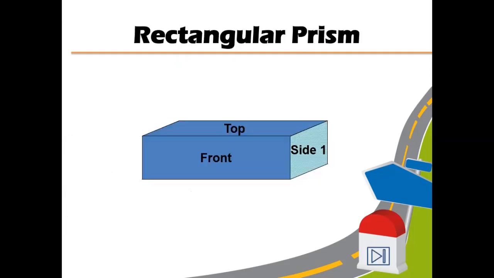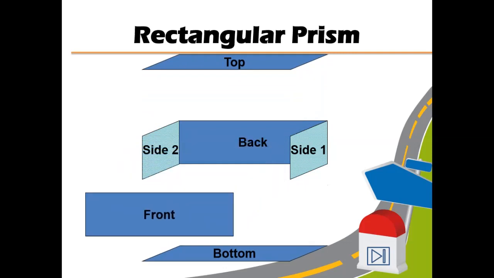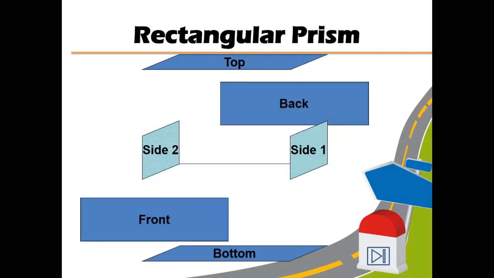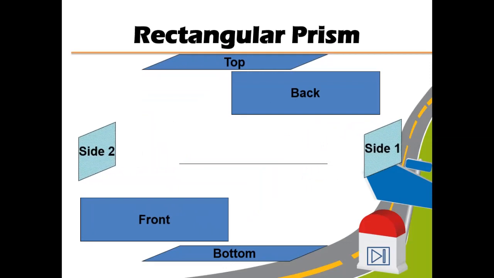Let's take a rectangular prism as an example. Here we can see the rectangular prism, right? Let's disassemble it. What can we see? I can see top, bottom, front, back, side 1, and side 2.